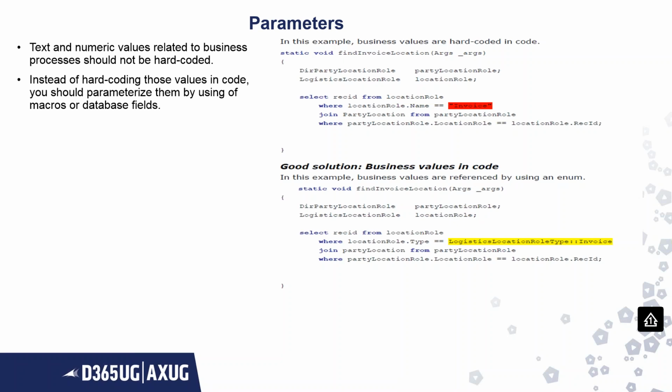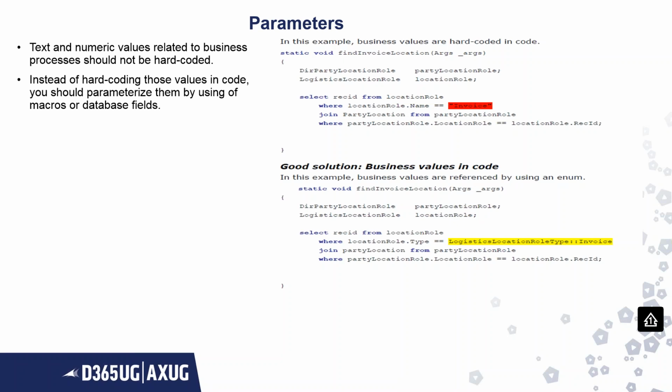For example, in the first scenario, what it is doing is basically selecting a record ID from the location role, and it is hard coding. Never ever hard code. It is not a very good practice.